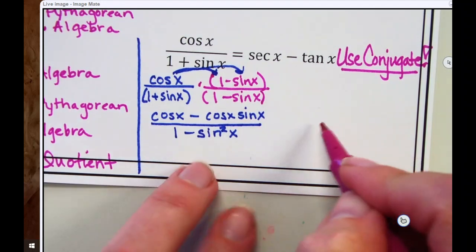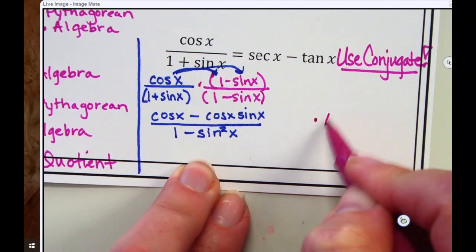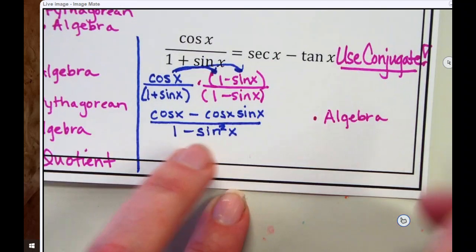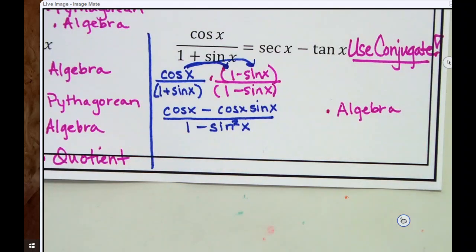That was a whole bunch of work, and all we did was algebra. That 1 minus sine squared x sure feels familiar. 1 minus sine squared of x equals what?